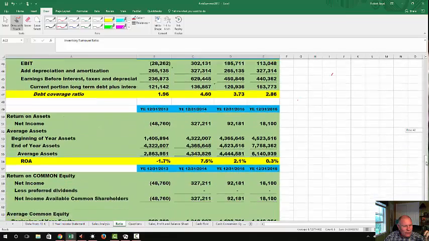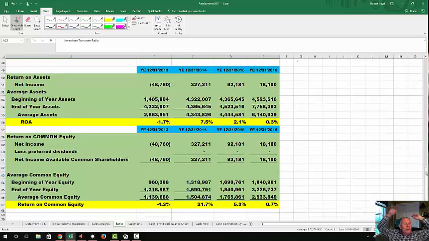Now, I want to just drop down for a second here to the return on assets and return on common equity. You want to base it on the average assets for the year, right here, and the average common equity. Because remember, the balance sheet is a point in time.